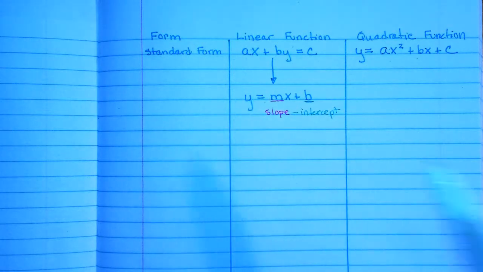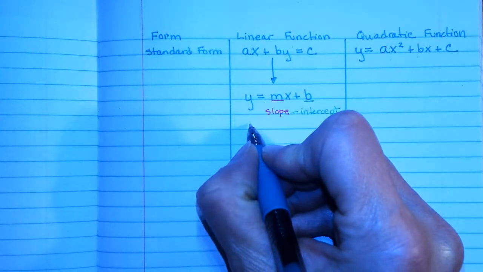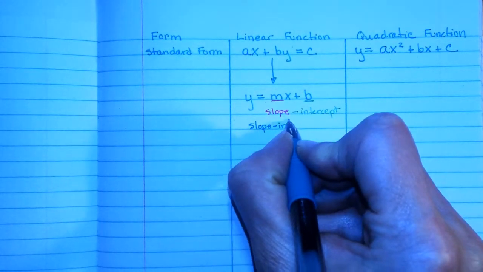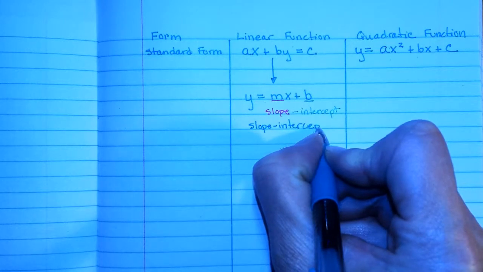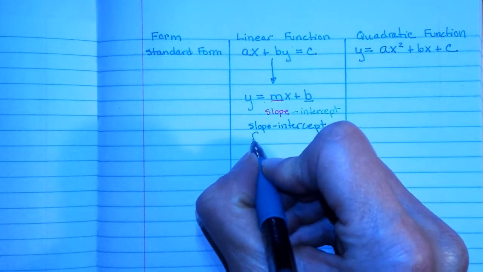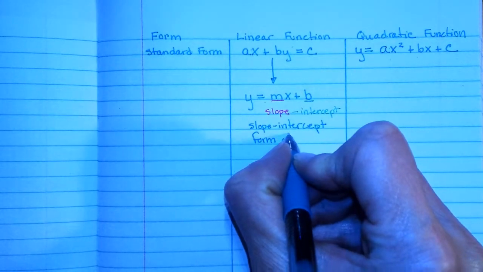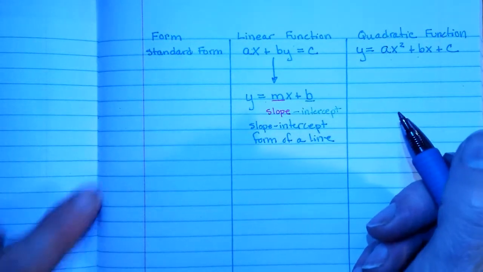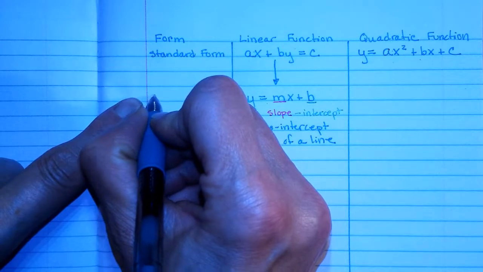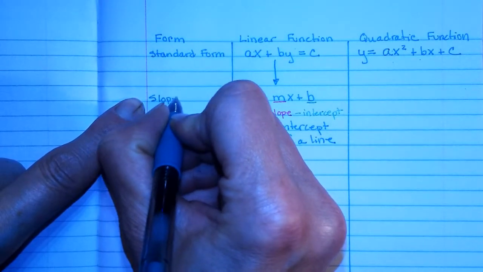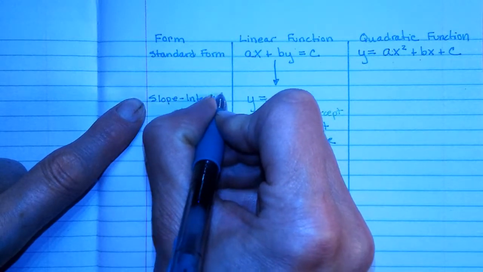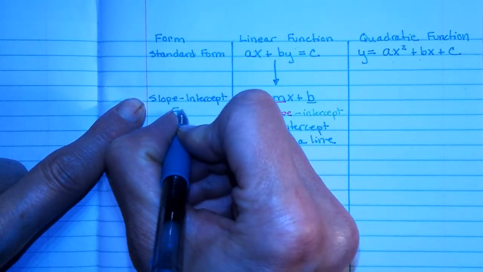So we call this whole thing the slope intercept form of a line. So I'm going to write that over here. Slope intercept form.